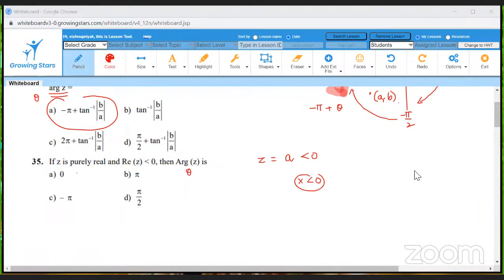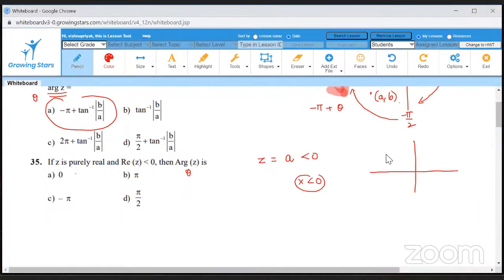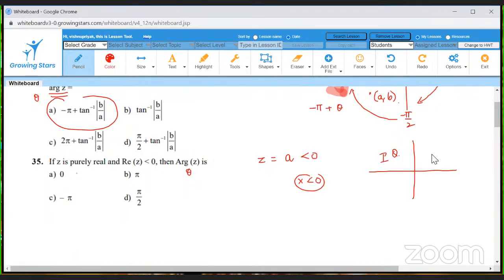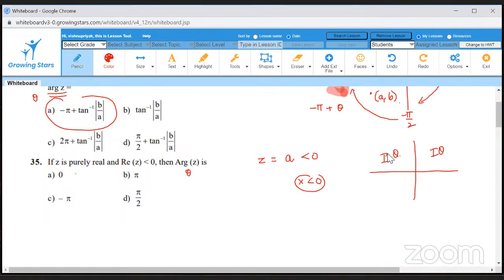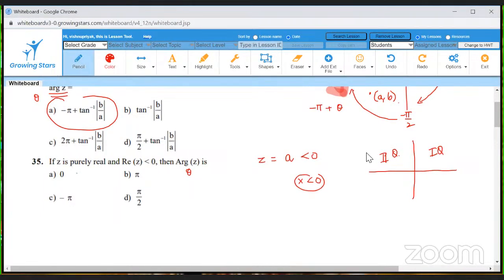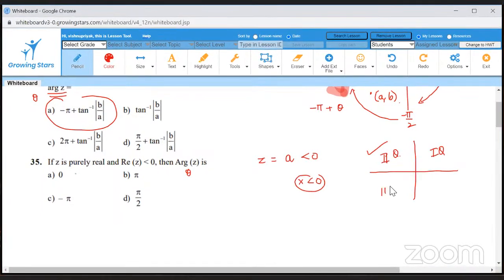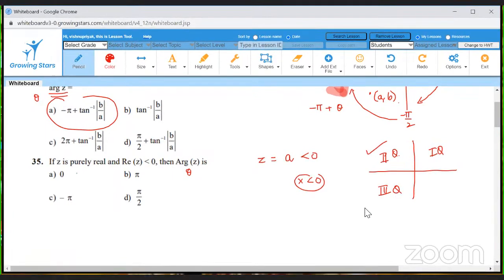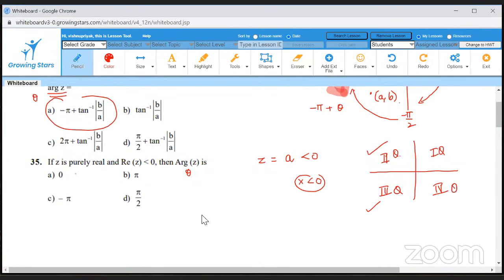X is negative means what? In the first quadrant, will x be negative? No. In the second quadrant, x will be negative. Yes. In the third quadrant, x will be negative. Yes. In the fourth quadrant, will x be negative?